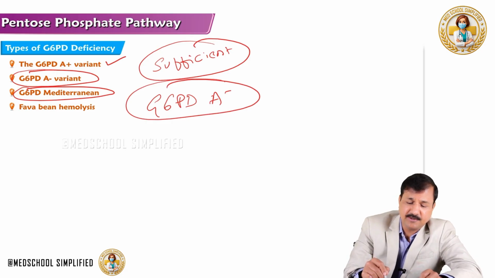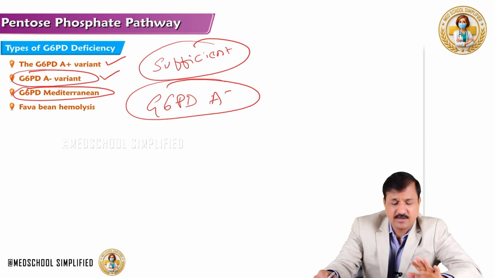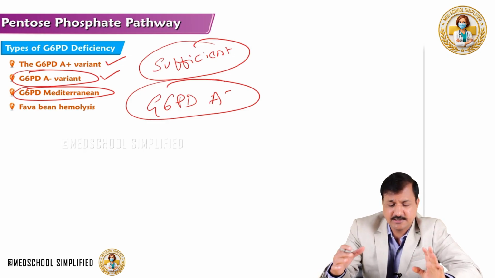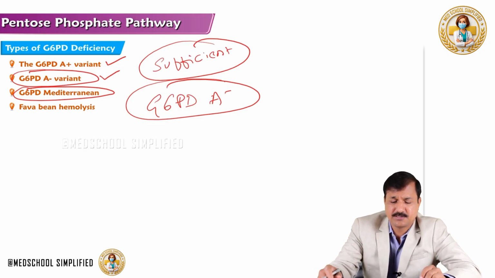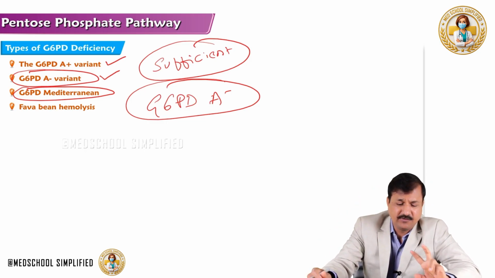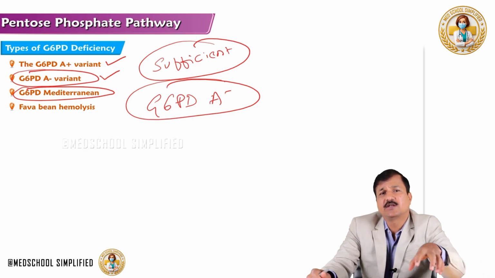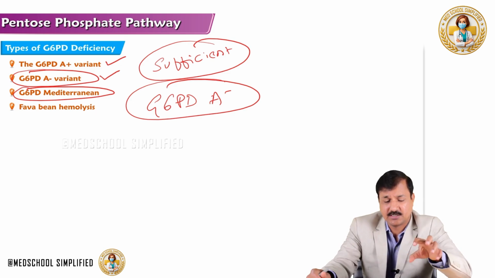Whereas G6PD A minus variant is seen in African, Middle Eastern, and South Asian populations, whereas G6PD A minus Mediterranean is specifically seen in Mediterranean people, and also it is more severe than the other variant, that is the G6PD A minus variant, which is seen in South Asian, African, and Middle Eastern regions.